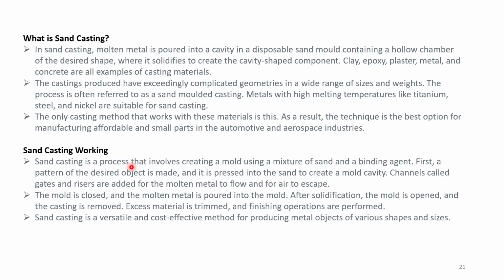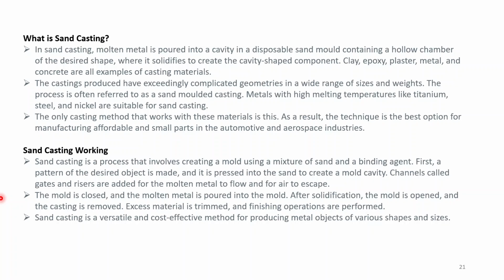Next is sand casting working. Sand casting is a process which involves creating a mold using a mixture of sand and a binding agent. First, a pattern of the desired object is made and pressed into the sand to create a mold cavity. Channels called gates and risers are added for the molten metal to flow and for air to escape.